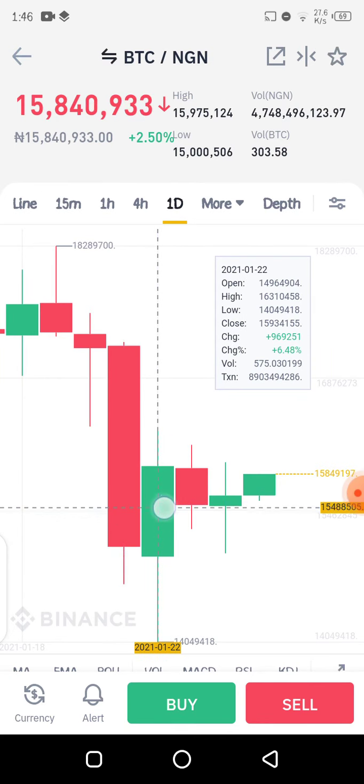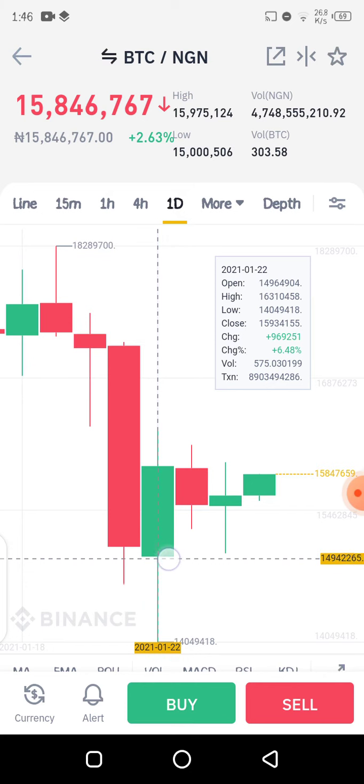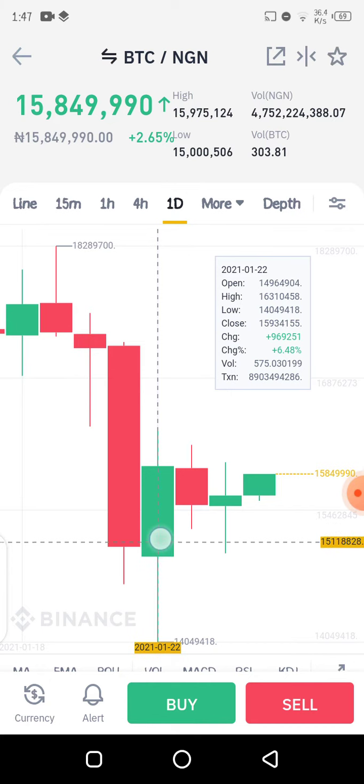It shows open. That means the candle opened at 1.496490. That's where the candle opened. If you trace it to this position, you can see it here. That's the same number as what is on open.